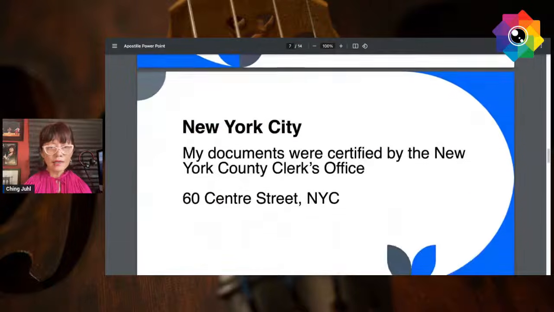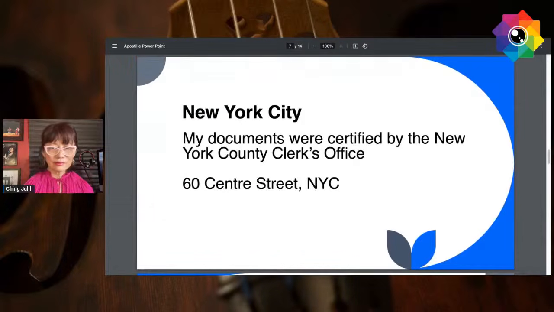If you're a New York City resident, if you're a Manhattan resident, then your document will be certified by the New York County Clerk's office, which is at 60 Centre Street, New York City. Now, there's a twist here.